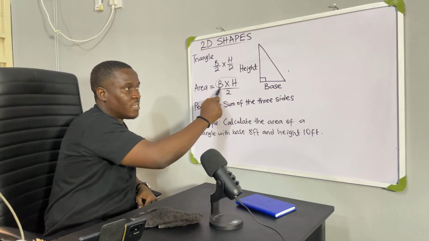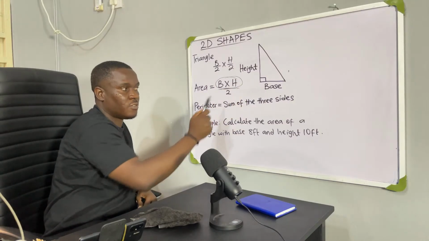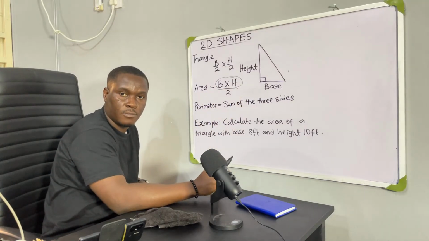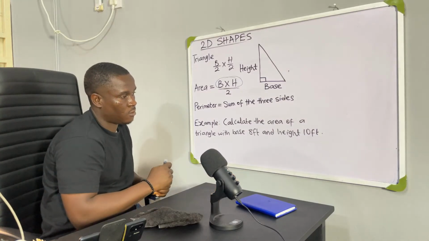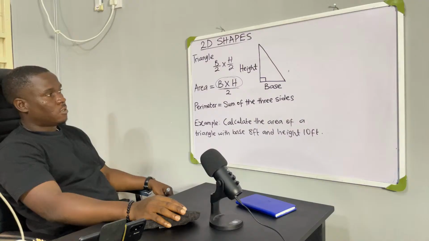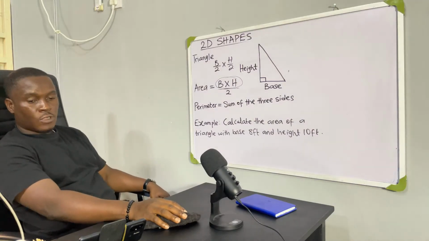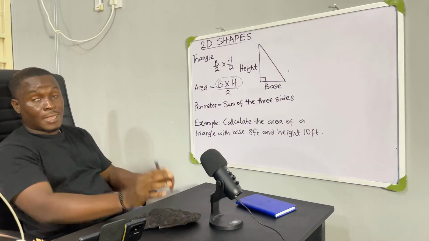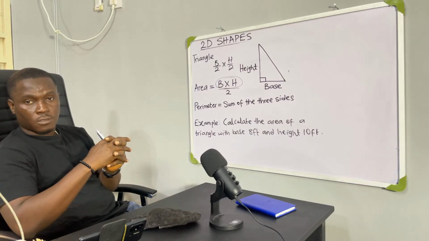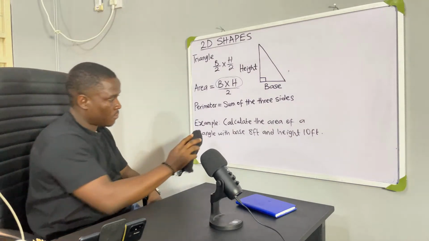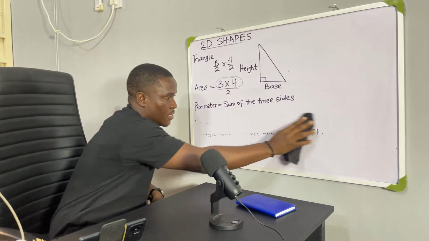That means you need to work on them first before you divide by 2. Right? Good. So that means the correct answer is what? 40. Good. So let's see another example.